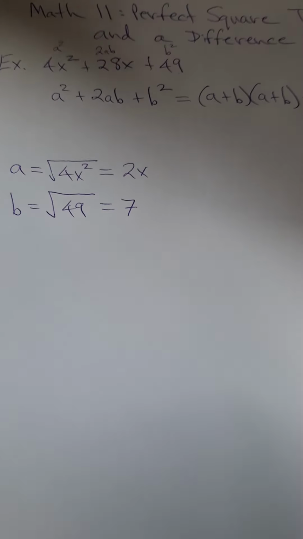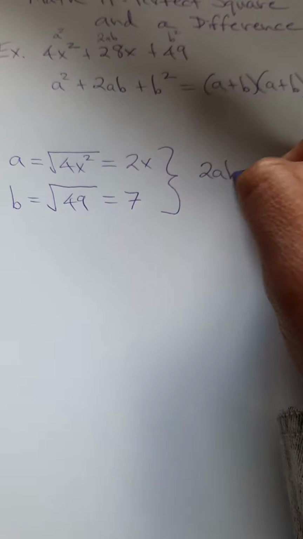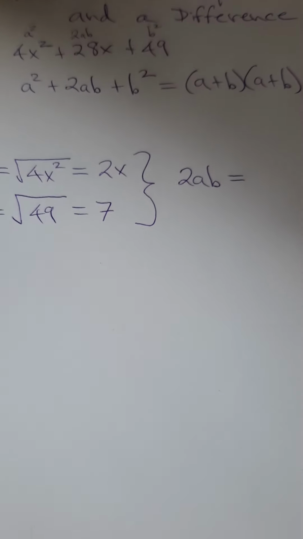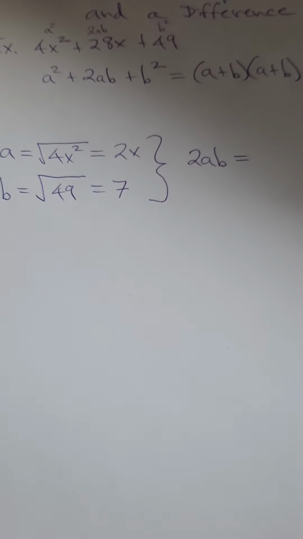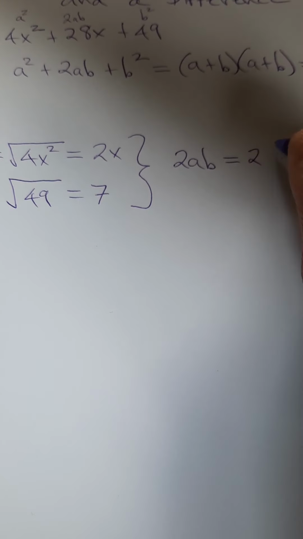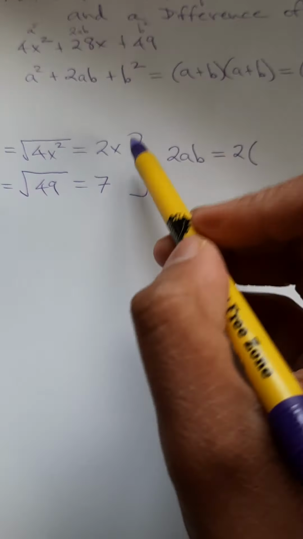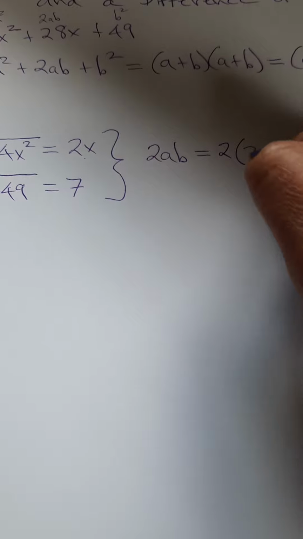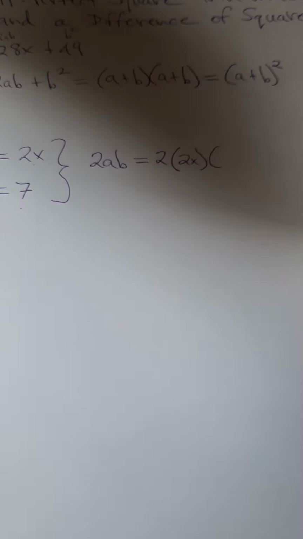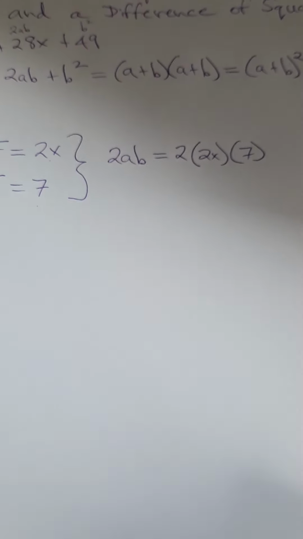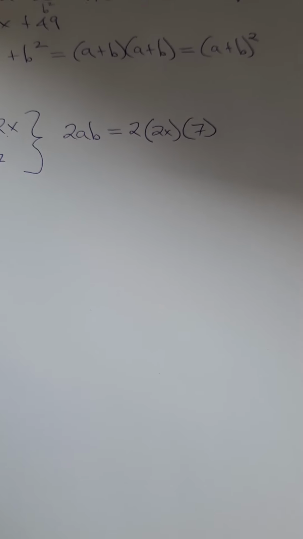So what I want to do is basically just check if this is a perfect square trinomial. So I'm just going to substitute it into my 2ab value. So I'm going to do 2 times my a value here, which is 2x, times my b value, which is equal to 7. And we're just going to multiply all of this together.